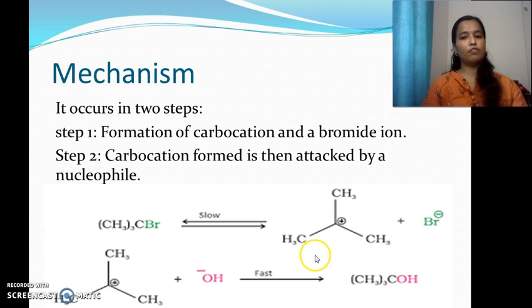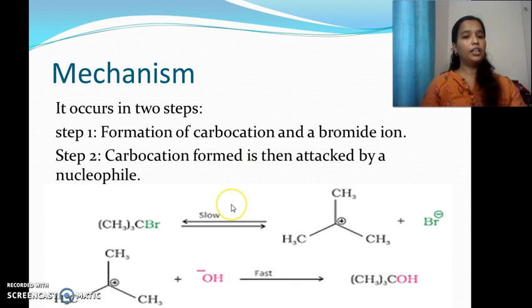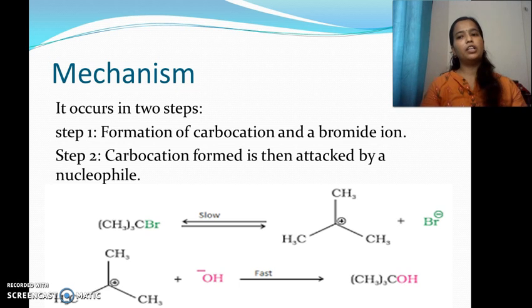First step is the formation of carbocation, which is the slow step, and the second step is attack of the nucleophile, giving the product. It is the fast step. And in a reaction, the rate determining step is the slowest step. You might have learned in kinetics that the rate determining step is always the slowest step.